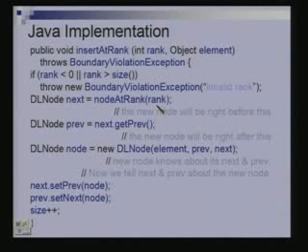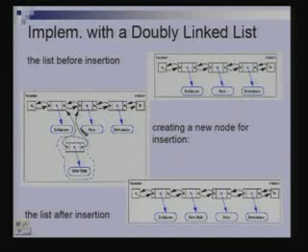Given a rank, it tells me which is the node at that rank. So for instance, here I had to insert this node at rank 2. First I will call this procedure with rank 2. So it will give me this node, because this is the node at rank 2. Now what do I have to do? I have to get to the previous node of this node.